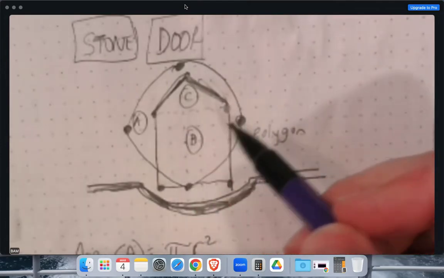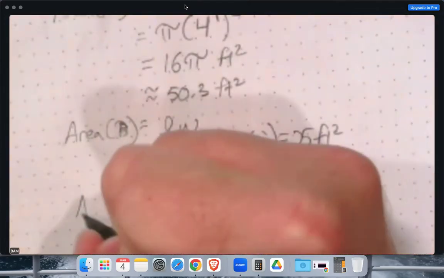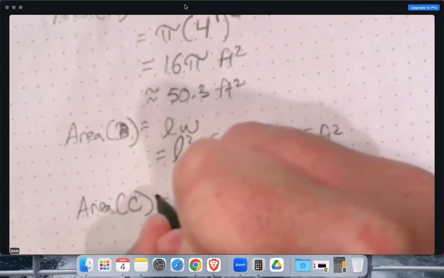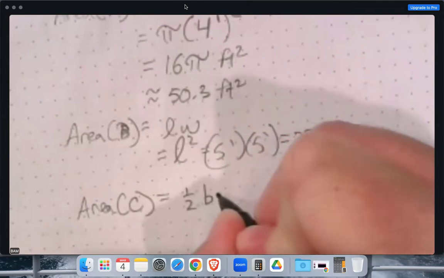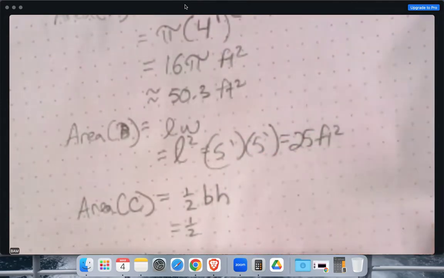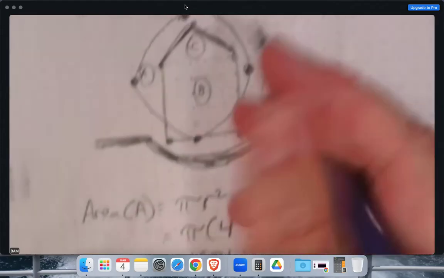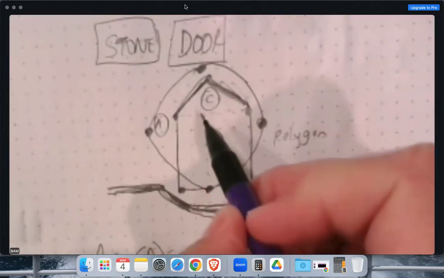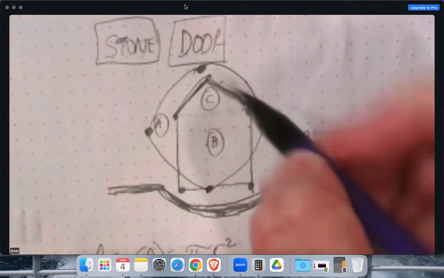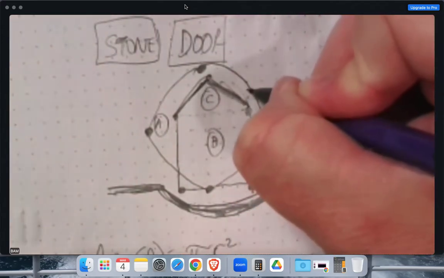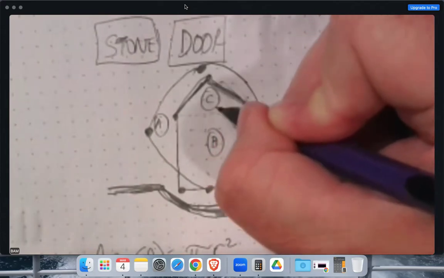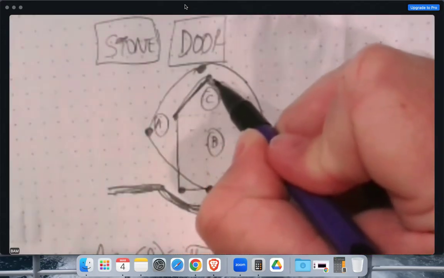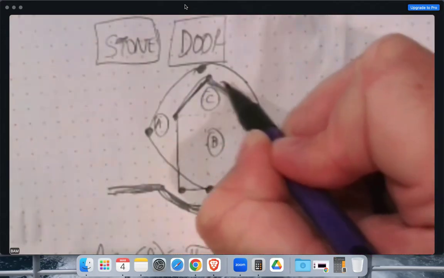But we have this triangle part, and the area of the triangle is 1/2 base times height. And the base is 1, 2, 3, 4, 5. And the perpendicular height is 1, 2, and a half. Because I was going to make it a semicircle a while ago, but I changed it to a triangle.